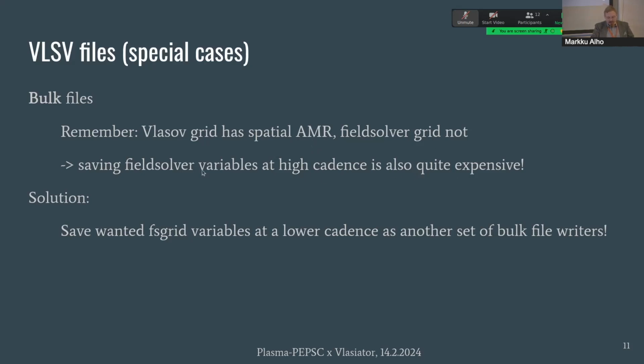But then at the highest resolution, the field solver is going to be pretty expensive to store at just gigabytes per component or so. But the solution is to write these FSGrid variables at the lower cadence if you want to have these high resolution original field solver quantities at your disposal, at least as a check on the progress of the simulation.